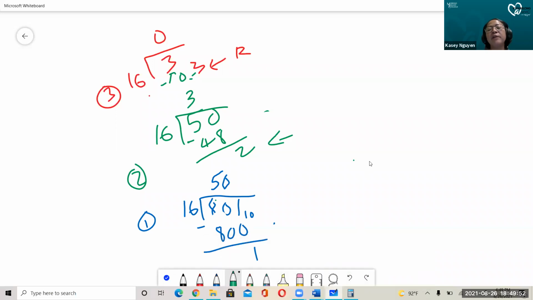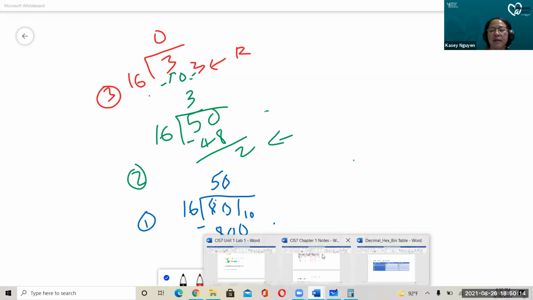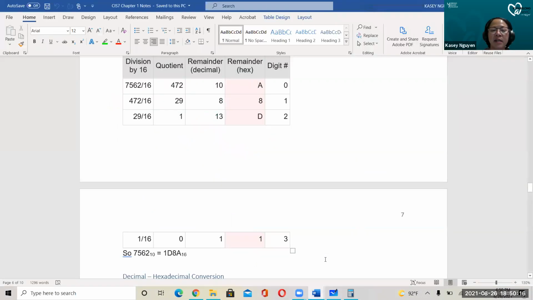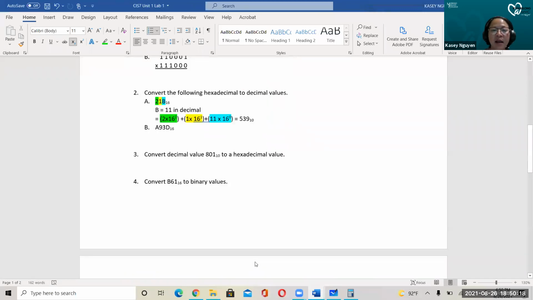All right, so what I want to do is show you how you can do this in binary. There are different methods, but since we talked about how each hexadecimal value is equivalent to 4 bits, let's take a look at the next one.